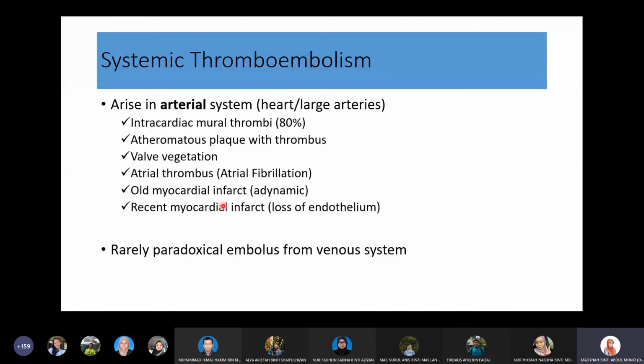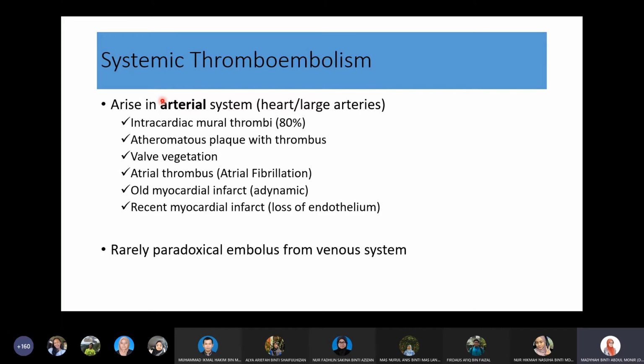That is on pulmonary embolism. Now we go to systemic thromboembolism. As I mentioned, this is thromboembolism because the emboli are mainly due to dislodged thrombi. Why is it systemic?